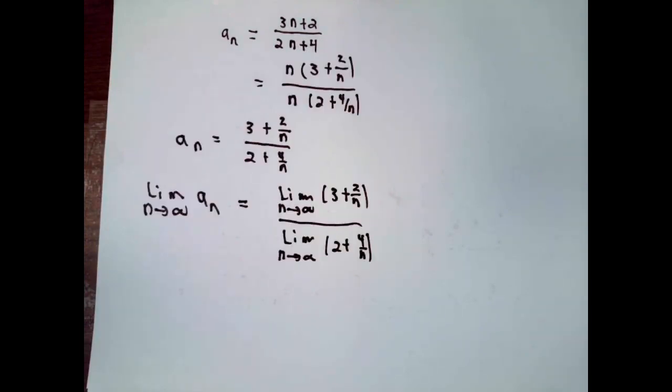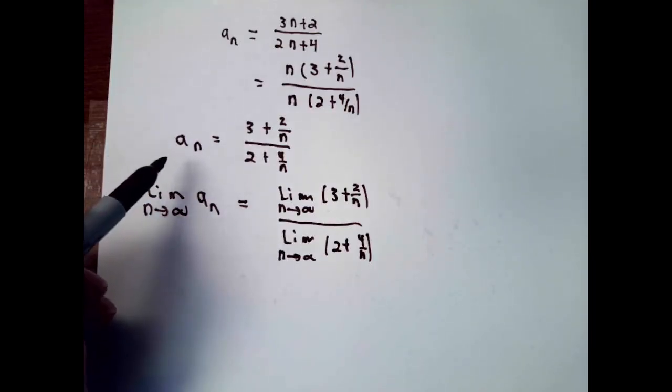The second idea that sometimes works is that I can just do some simple algebra rearrangements of the thing. In what follows, just keep in mind that n is a positive number. In particular, a positive whole number, but positive anyway. I'll factor an n out of the top and bottom and cancel it out since it isn't 0.